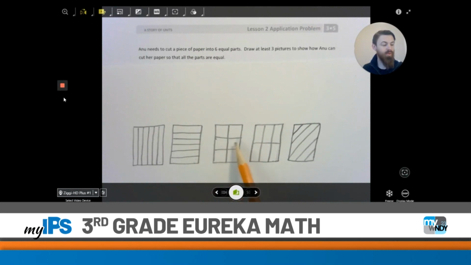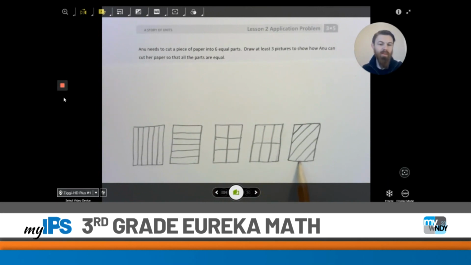And then I made 2 more partitions here so that I have 3 pieces here and 3 pieces here, making 6 equal parts. This one's very similar. I just did it the opposite way. I cut it in half this way. And then I partitioned 2 more partitions to make 3 pieces up here and 3 pieces up here. Are these equal pieces? Are these equal parts? They are.